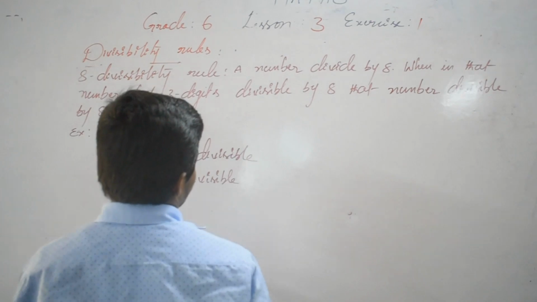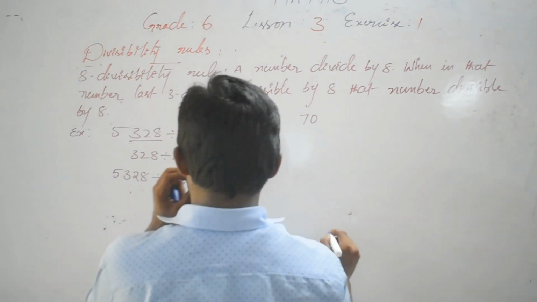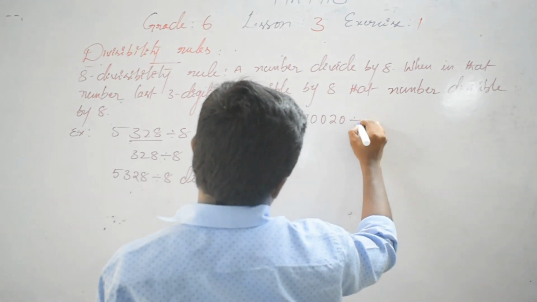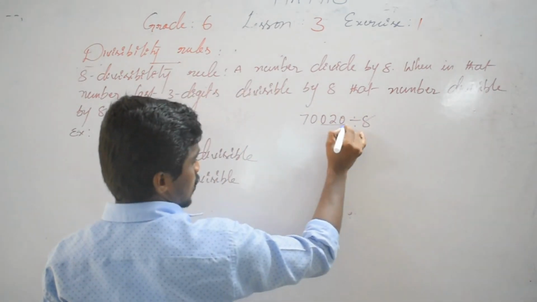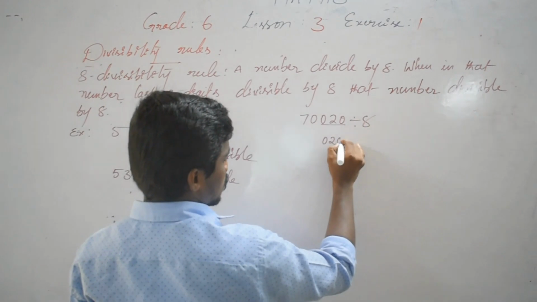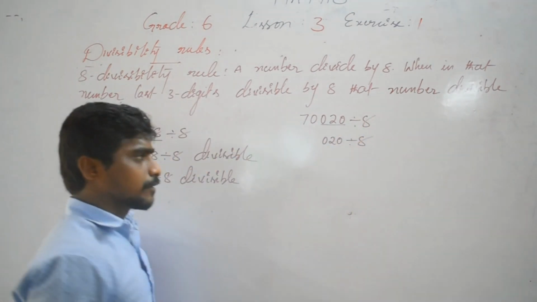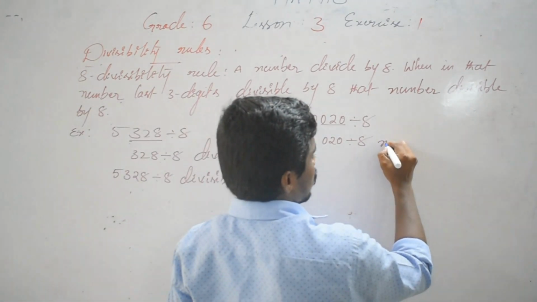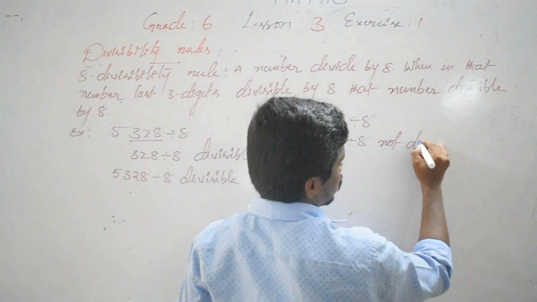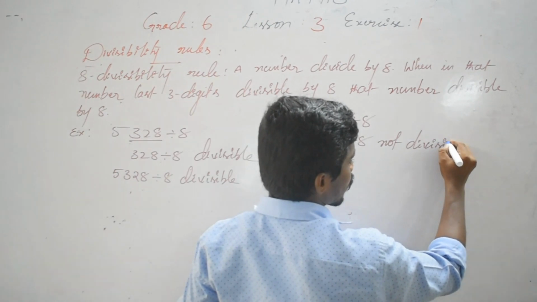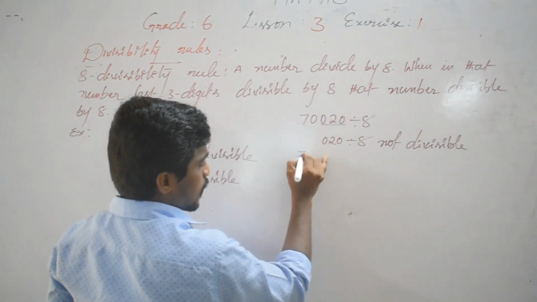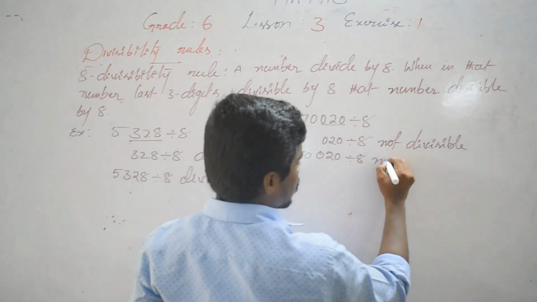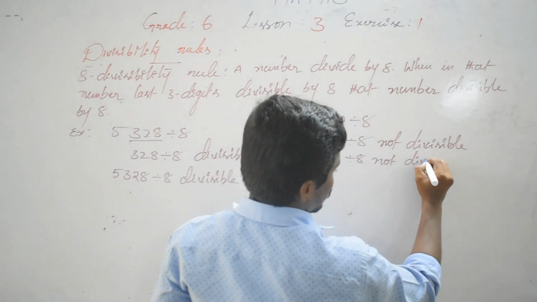Next one, 70,020 divided by 8. The last 3 digit number, 020 divided by 8. Divisible or not? Not divisible. So 70,020 divided by 8 is not divisible.